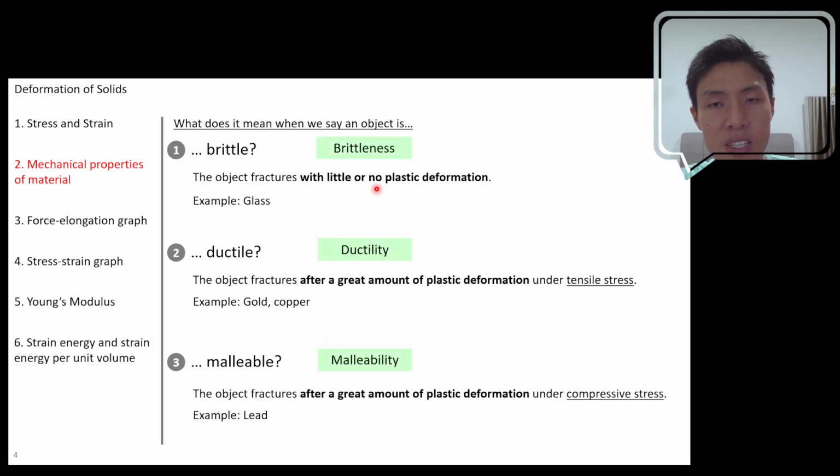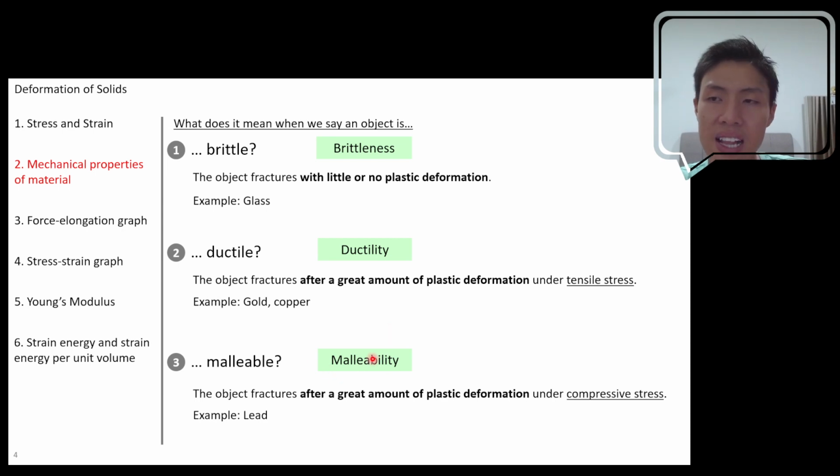If it has a high level of brittleness, it is very brittle. If it has a low level of brittleness, it is not very brittle. If it has a high ductility, then the object is very ductile. If it has a low ductility, then the material is not very ductile. I think you get the idea. Great malleability means it's very greatly malleable.